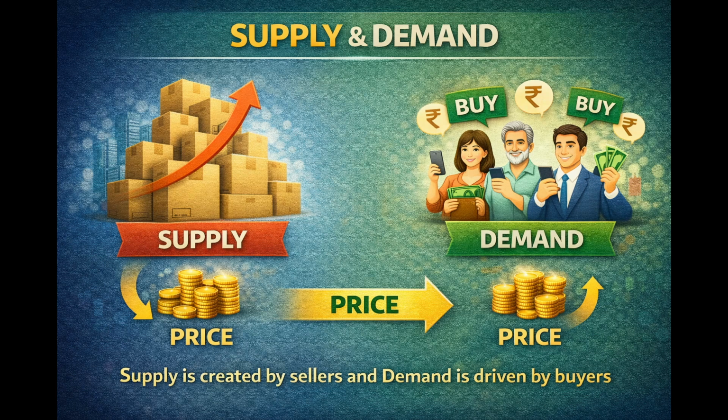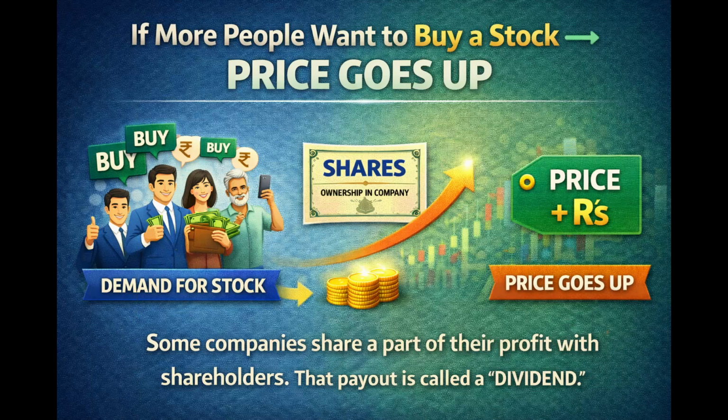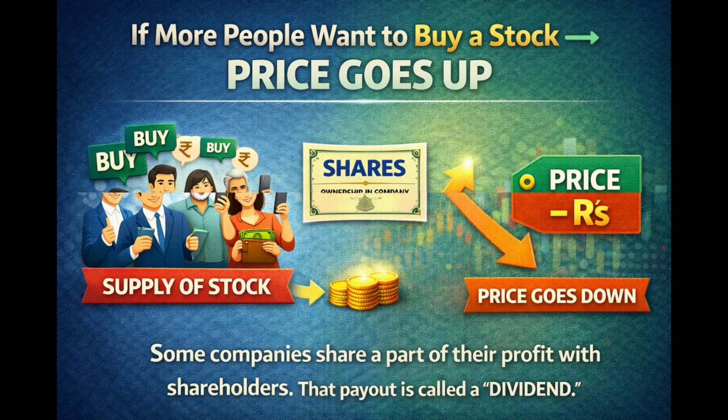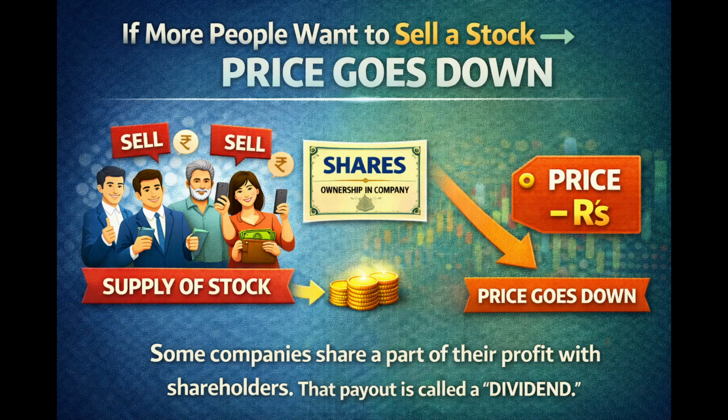If more people want to buy a stock or a good or some vegetable, the price goes up because the supply is constant but demand increases, so prices increase. If more people want to sell, price goes down because the supply increases but demand is the same, so price decreases.